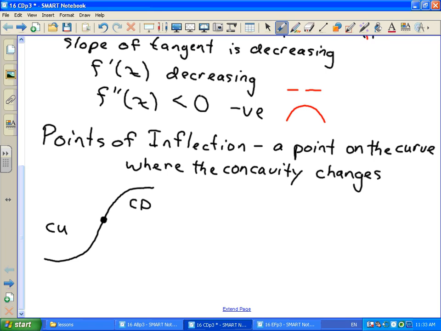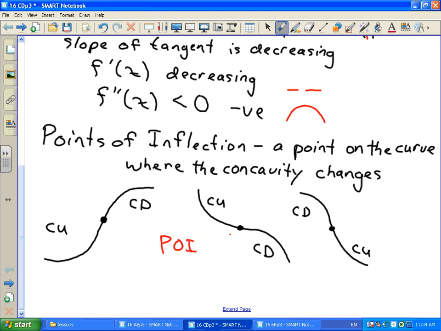It is concave up, yeah. Or it could look something like that. Where we're also going concave up to concave down. Or of course it could go concave down to concave up. But each of these is a point of inflection.